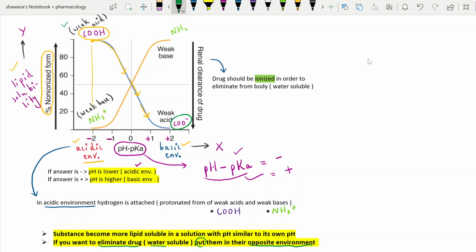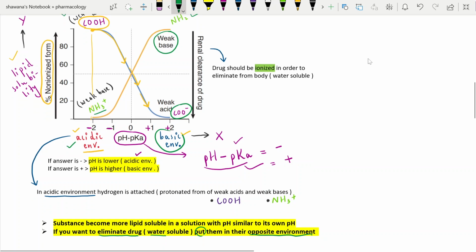So when we put it in a basic environment, it becomes more water soluble. It becomes more ready to be excreted. And this is a weak base. A weak base in a basic environment is more lipid soluble, but in an acidic environment it is more water soluble.